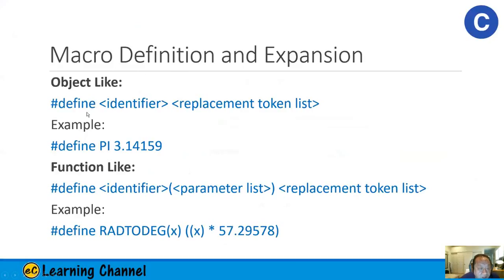So with a define, you can put the replacement token list. Here can be a modifier, here can be a whole list. For example, here you can say call F, right?